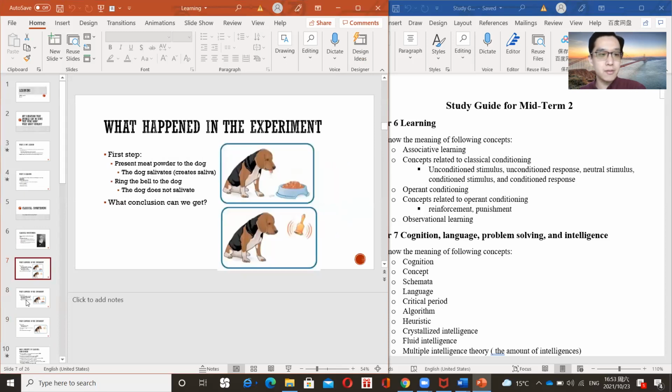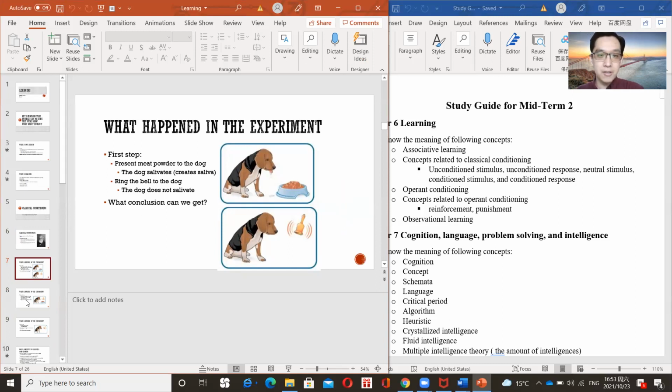In this experiment that Ivan Pavlov did, there is meat powder in front of the dog. The dog is salivating because the dog wants the meat. And later there is a bell ringing in front of the dog.